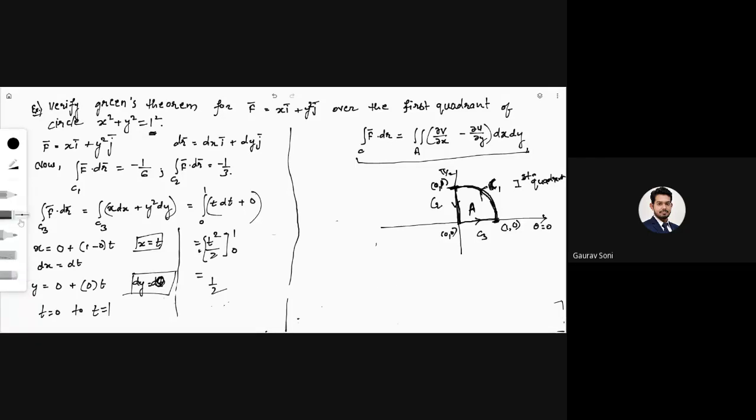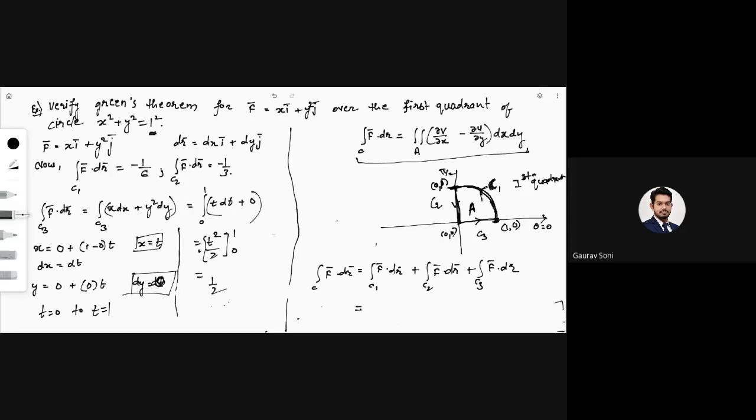So the line integral over C of f bar dot dr bar is equal to the line integral over C1 of f bar dot dr bar plus the line integral over C2 of f bar dot dr bar plus the line integral over C3 of f bar dot dr bar.